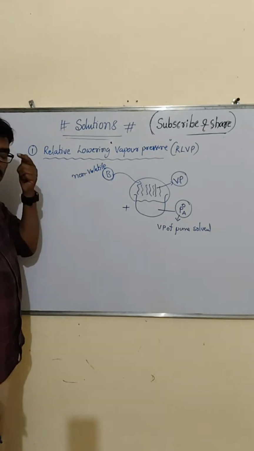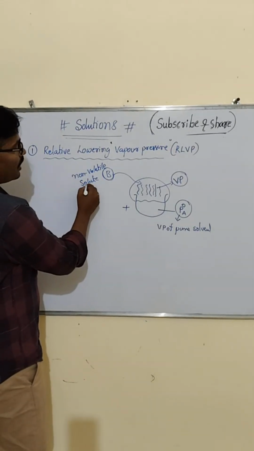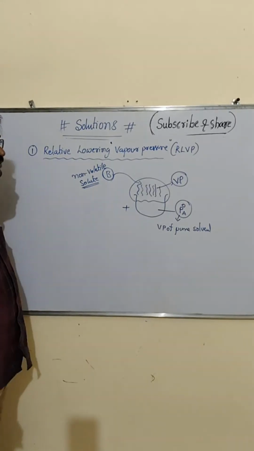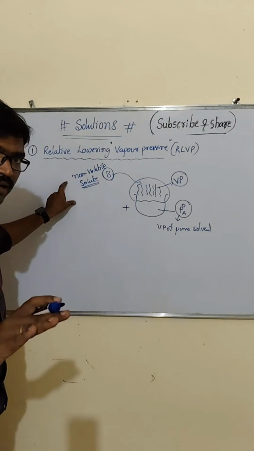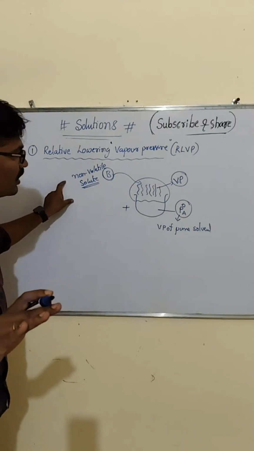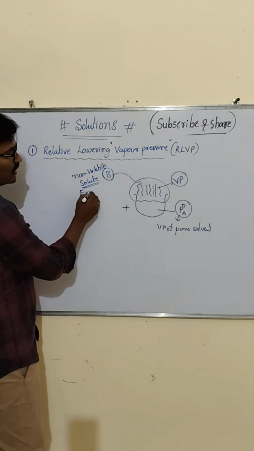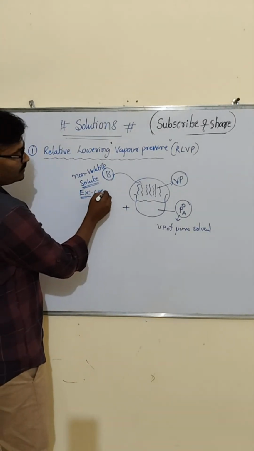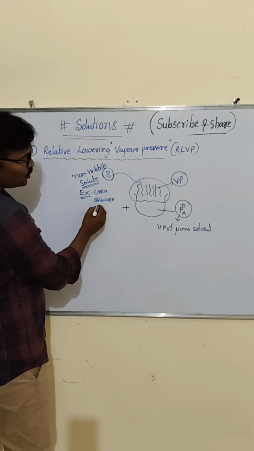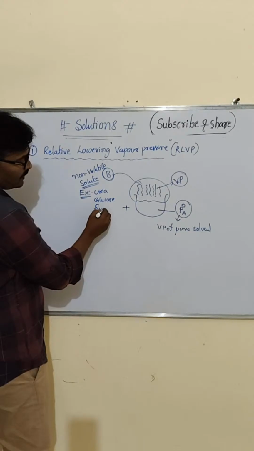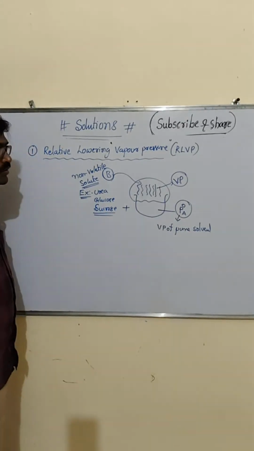What is a non-volatile solute? The solute which cannot evaporate at room temperature. For example, non-volatile solutes are urea, glucose and sucrose.